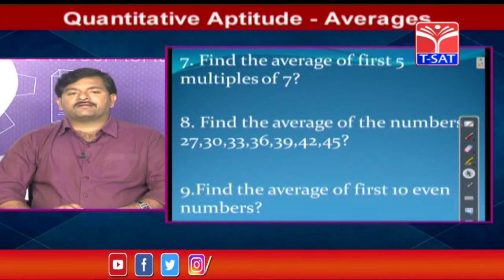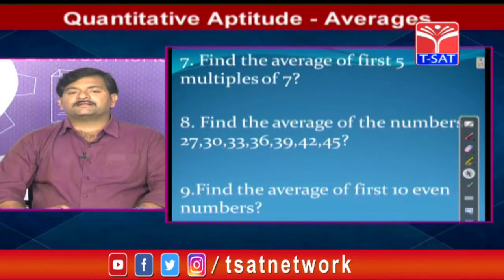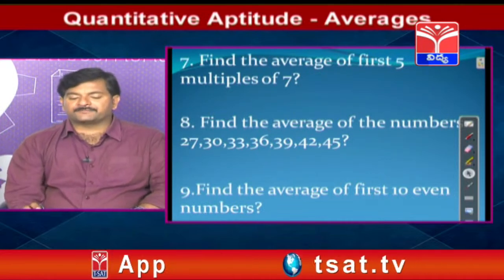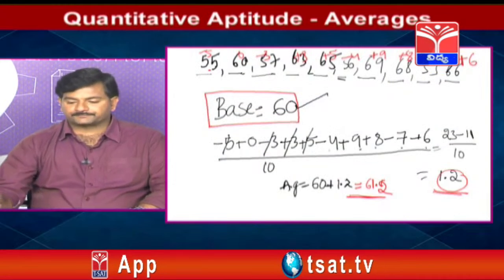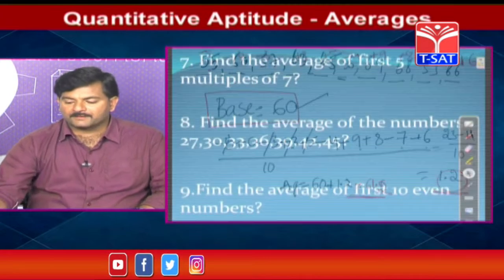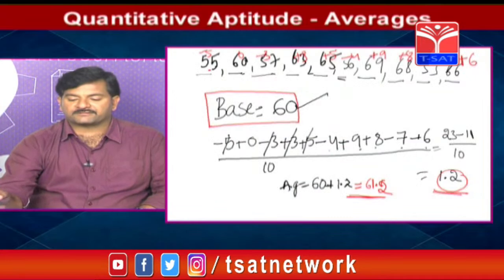Just focus on 7th question. Find the average of the first 5 multiples of 7. So here I will say something. He asked to find the average of the first 5 multiples of 7, right?